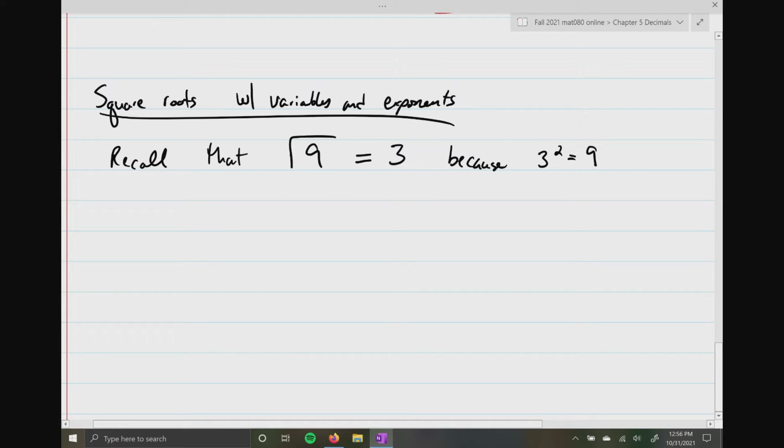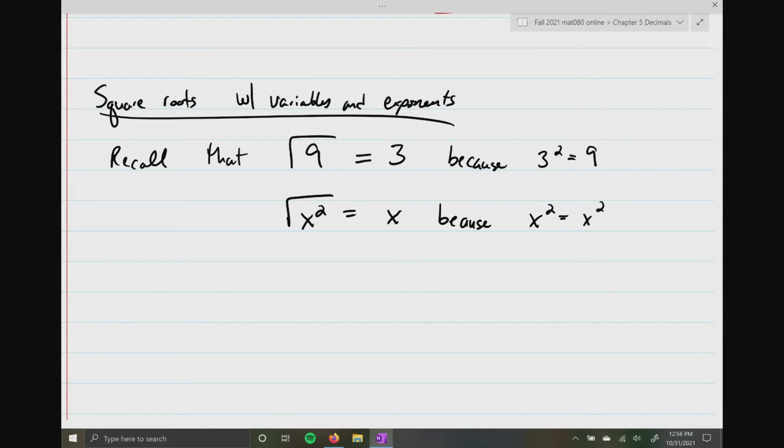Well, you can apply the same idea with variables. So the square root of x to the second equals x because x squared is going to equal x squared again.